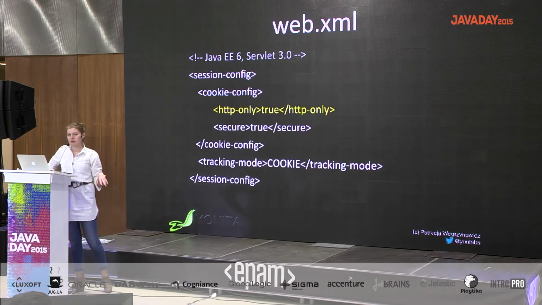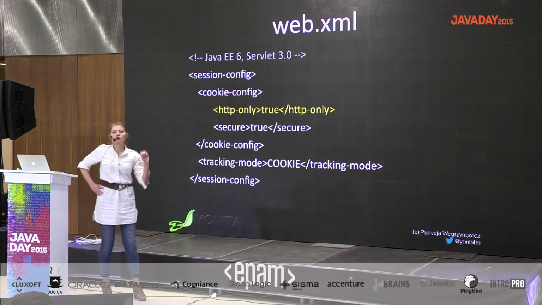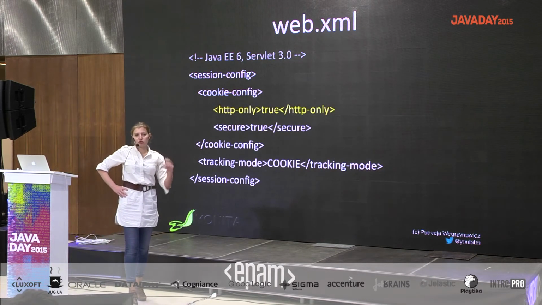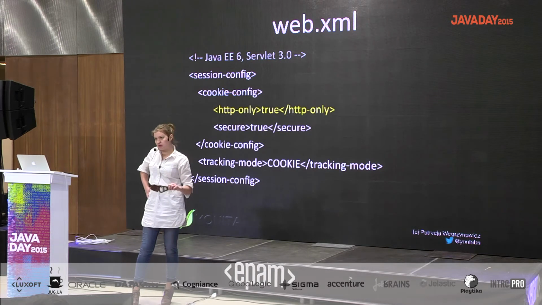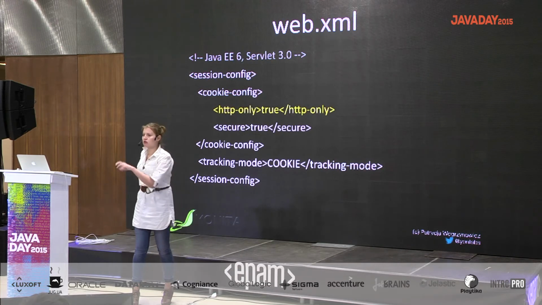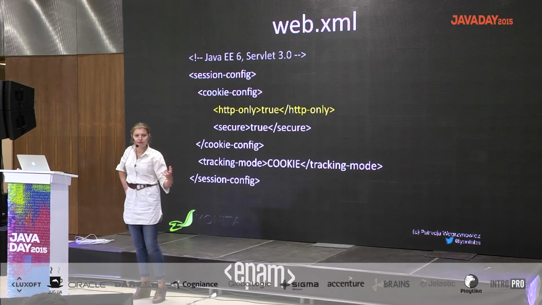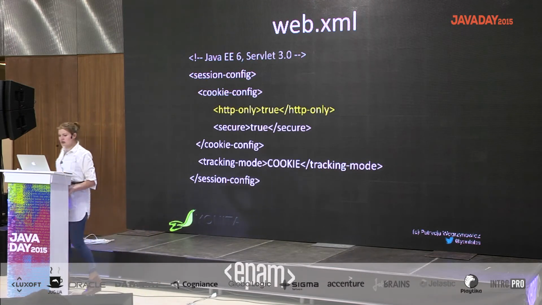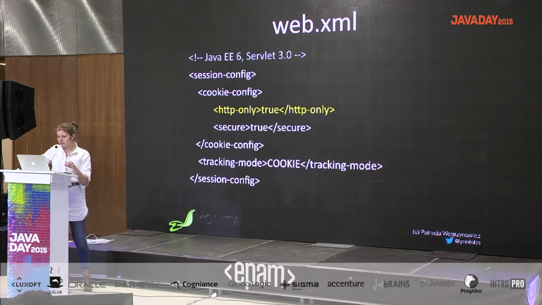And what does it mean? It means that cookies won't be available from JavaScript. So that XSS will be still possible, but hackers won't get their hands on our cookies. They will get like empty string. So that's why it's so important to use HTTP only flag.